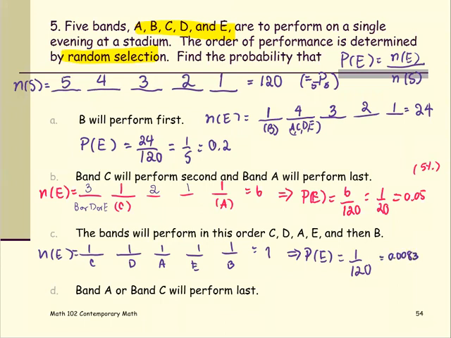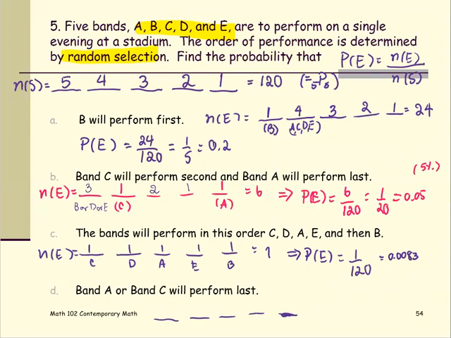or about 0.8%. And then the next case is the case where band A or band C will perform last. So we make a list again: 1, 2, 3, 4, 5.